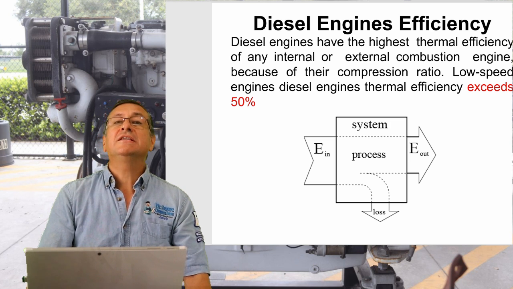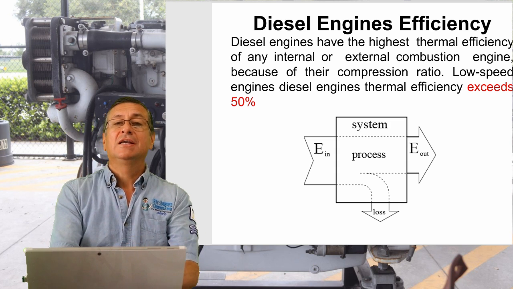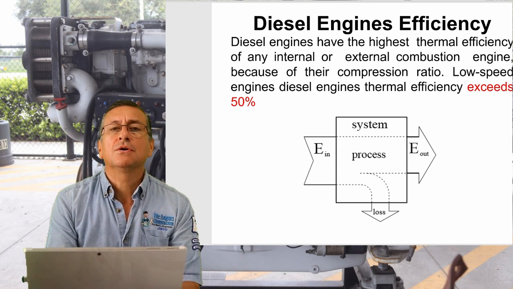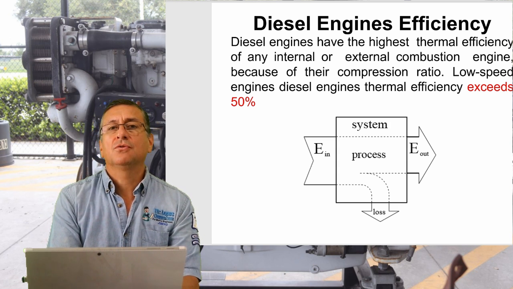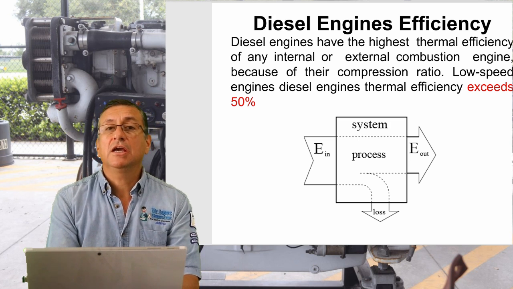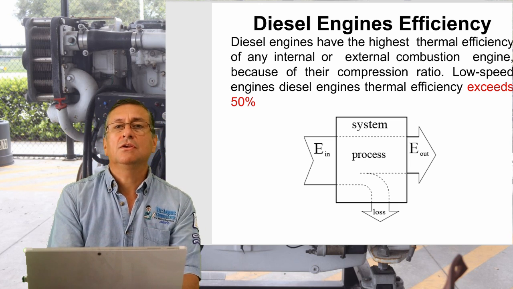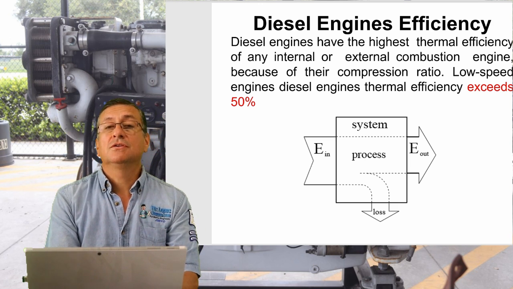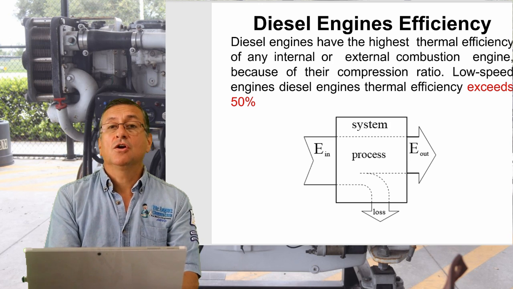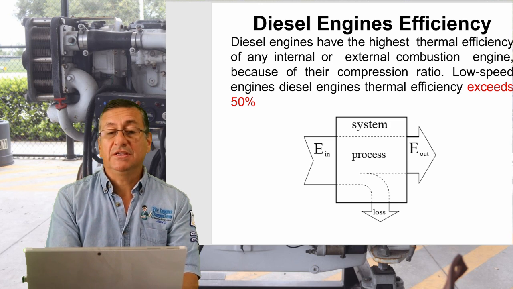talk about the efficiency that I explained to you, that the diesel engine is superior in efficiency in comparison with the other internal combustion engines like propane engines, alcohol engines, methanol engines, gasoline engines. The diesel engine is superior in terms of efficiency.